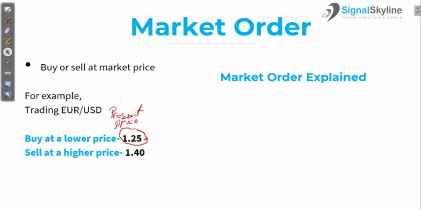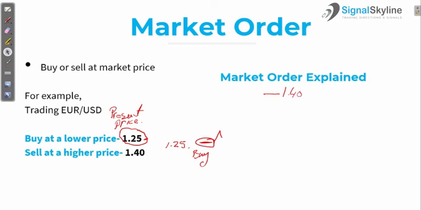Let me say this is 1.25 and the market is at 1.25. What you do is you quickly enter. When I make a circle, you enter the market with a buy button, because you're thinking the market is going to go up. So your target around here is, for example, 1.40.